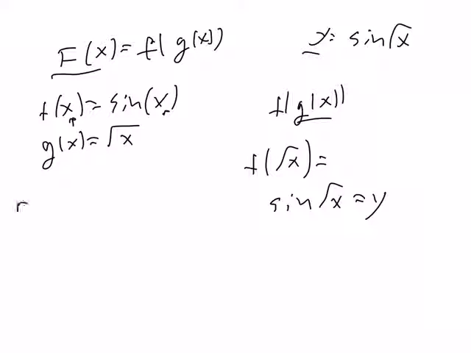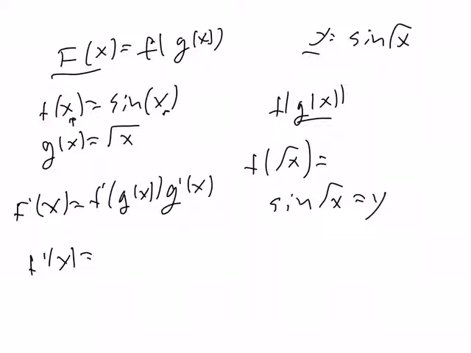So now we know that F prime of x is equal to f prime of g of x times g prime of x. Well, what's f prime of x? Well, it's cosine x. And what's g prime of x? Well, it is a half x to the negative a half.